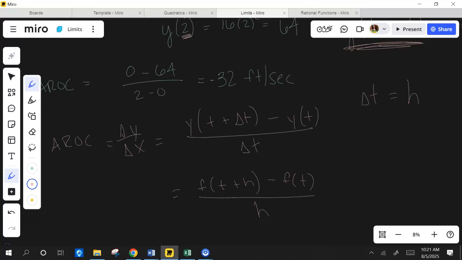The thing here, this is average rate of change, right? That means I'm going over a time period, between 0 and 2. I can find how it changed, but what if I wanted to know at 1 second how fast the rock is going?